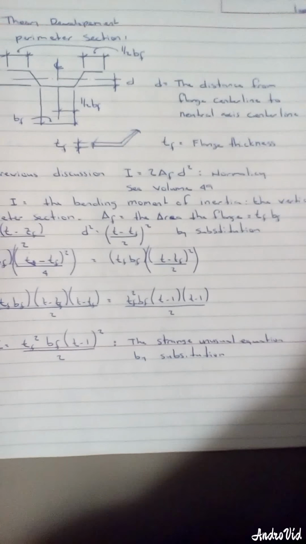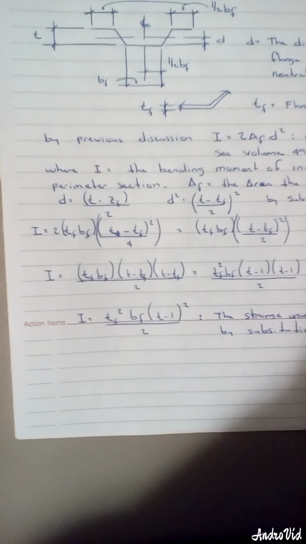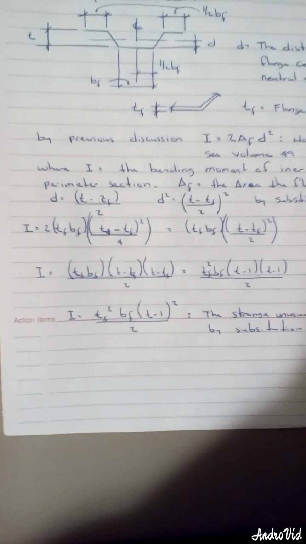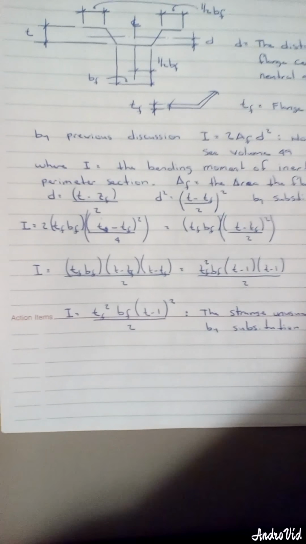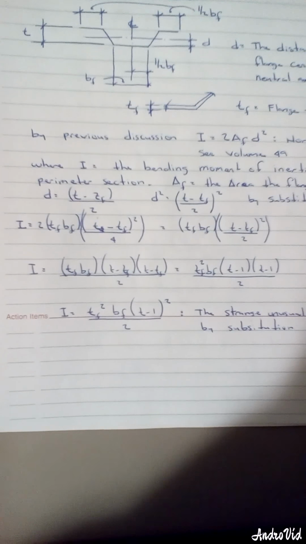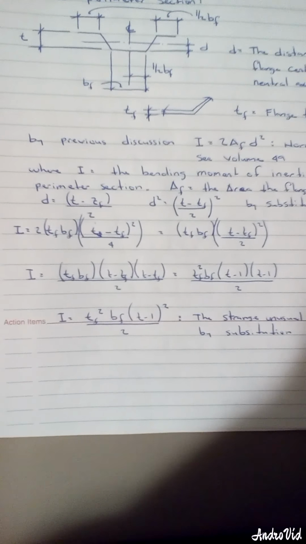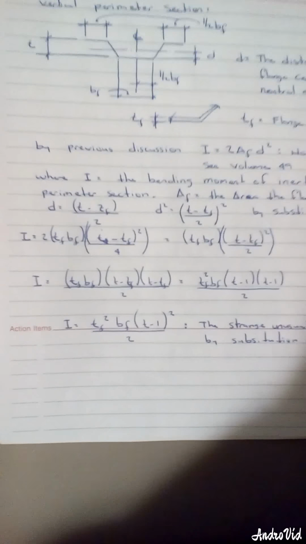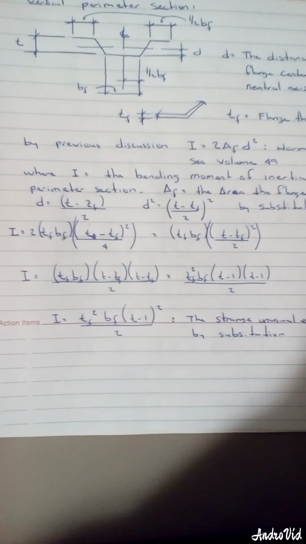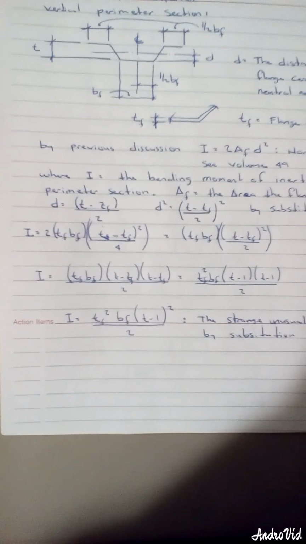And that's by substitution. So then we have a further substitution into our equation from I equals 2 A sub F D squared, and I becomes 2 t sub f b sub f times the quantity T minus t sub f squared divided by 4. And that's that whole portion squared there.